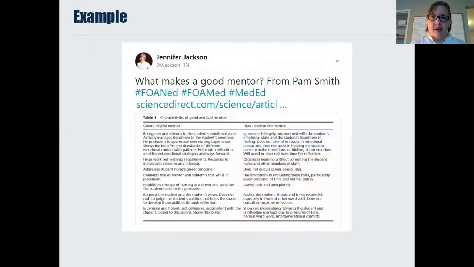So this is another example of what makes a good mentor from Pam Smith. I took a little screenshot of a table that was in her study and then put here PhoneEd, FOAMed, and MedEd, which are free open access nursing and medical education, and then MedEd is medical education. And so mentorship is a common topic looking at education of healthcare professionals. So I had a link to the full article, a quick question or a key take-home point.